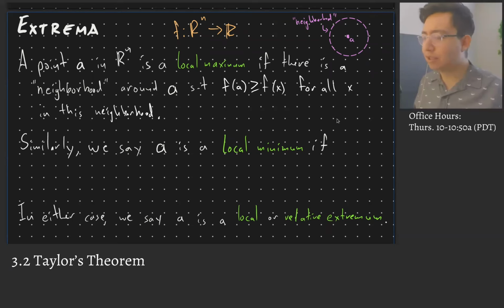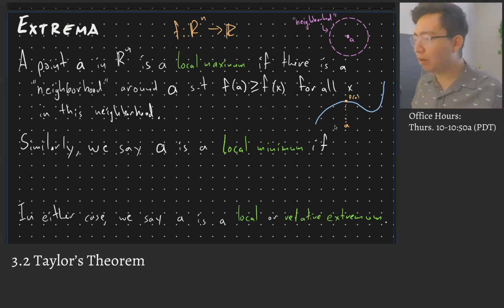So if I have this in one dimension, we have pictures like the ones on the previous slide. So if this is your function f, which shoots up like that, and you have a point A like this, maybe if you go far enough, there are points where you get much bigger than this point f of A. But if you just restrict to a little neighborhood here, this here is a little neighborhood.